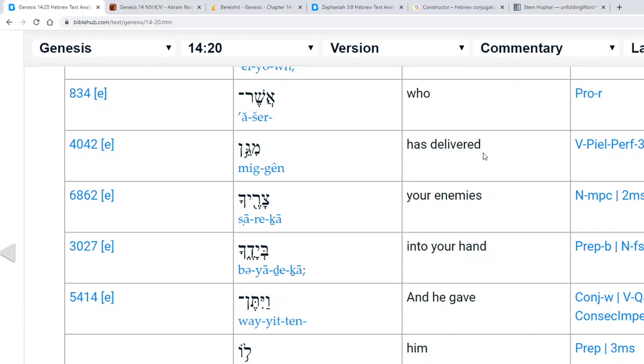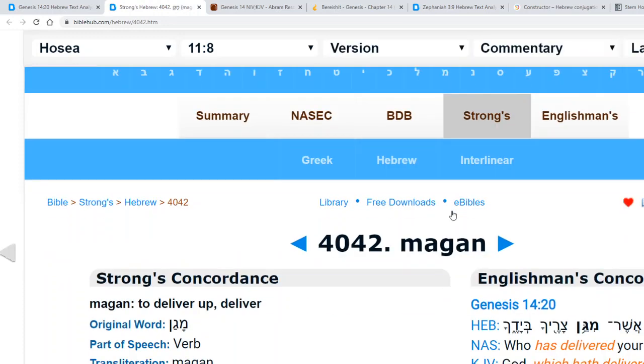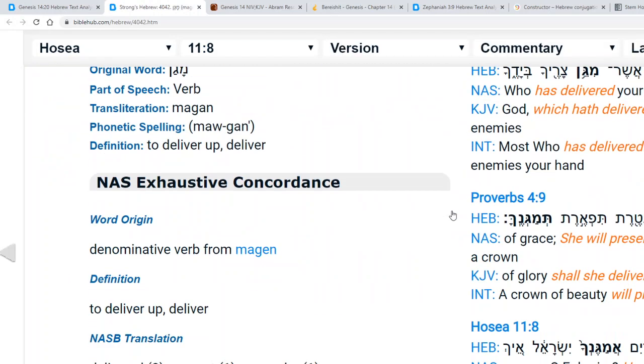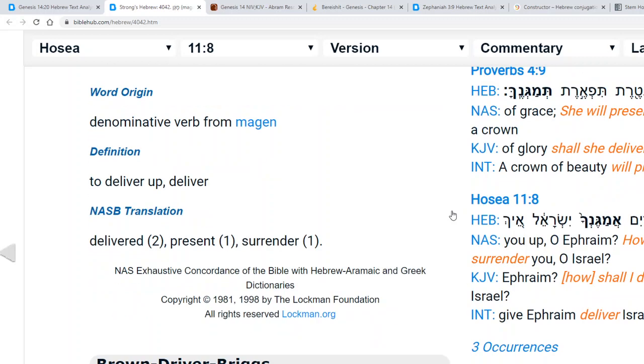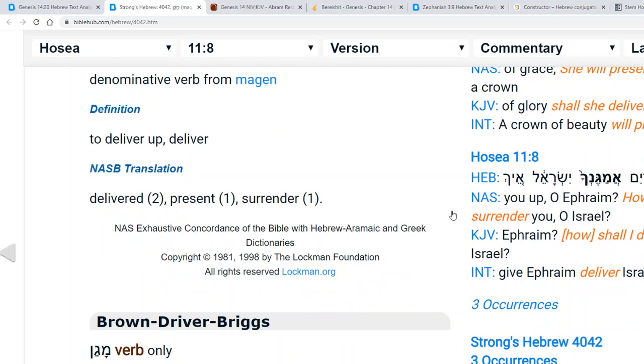They're translating... That's interesting. Let me see. Migen. Well, here in Hosea, it's actually used as... Okay, we'll look at the Rashis.